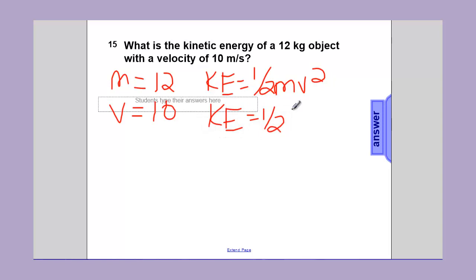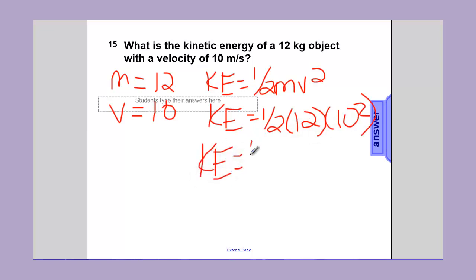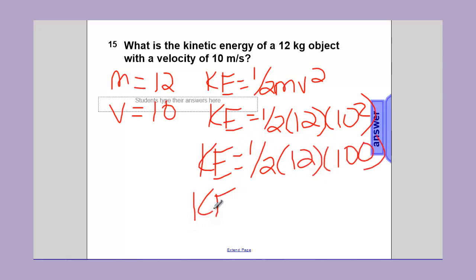KE equals 1/2 times 12 times 10 squared. So KE equals 1/2 times 12 times 100, which is going to give us 600 joules.